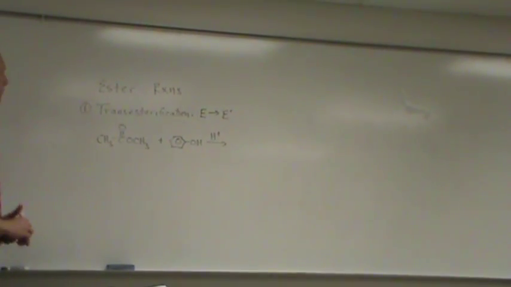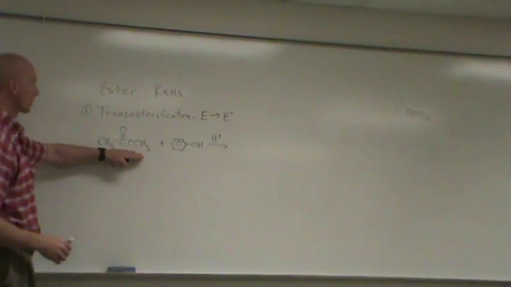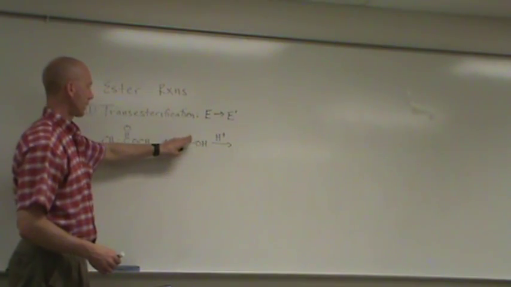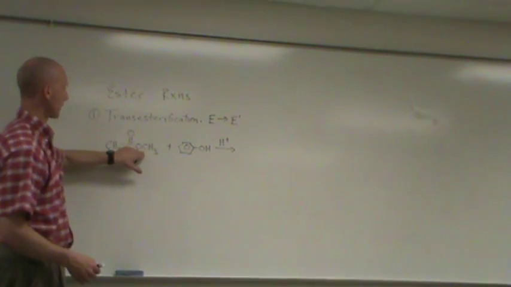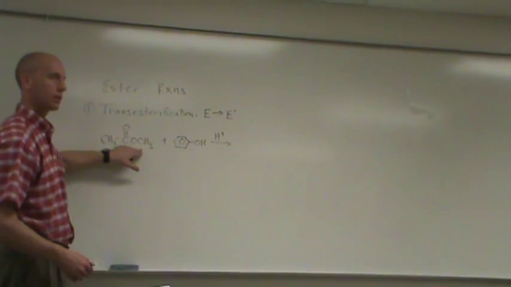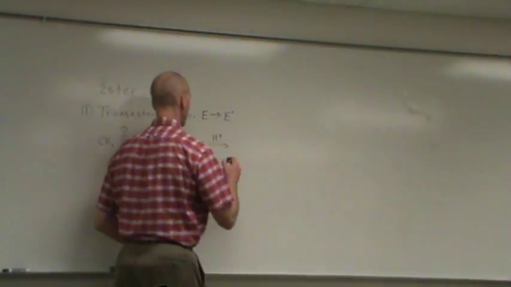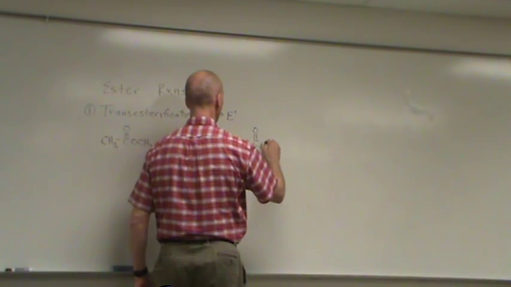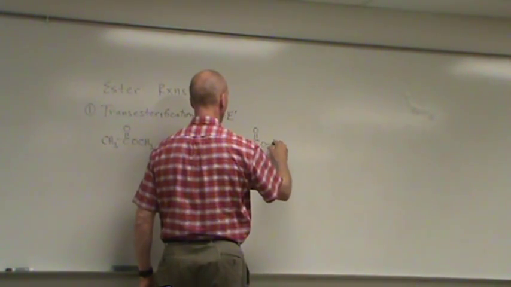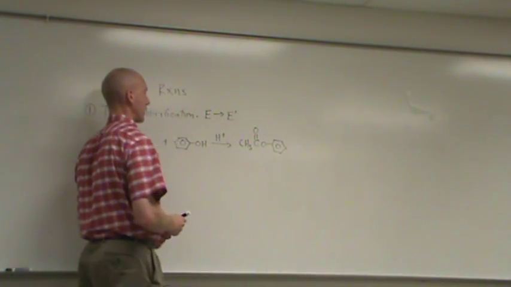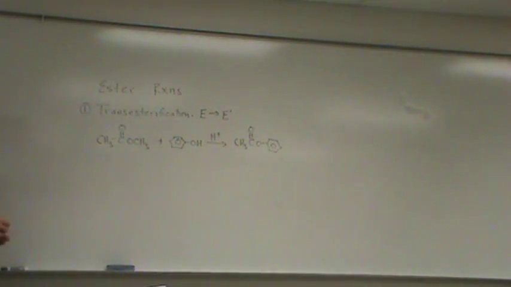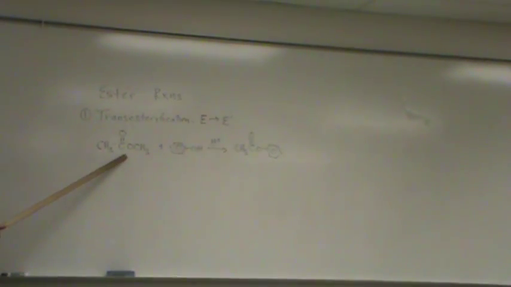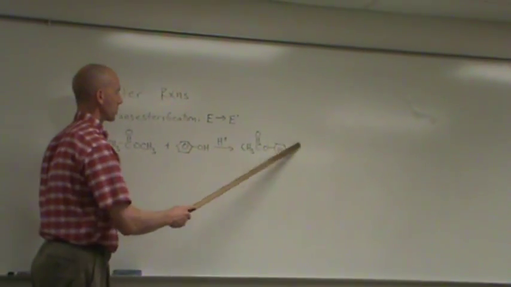What we do is we react an ester with an alcohol, and this alcohol is going to replace this alcohol, so we get a new ester. That's what a transesterification does. We start with one ester and we produce another ester.